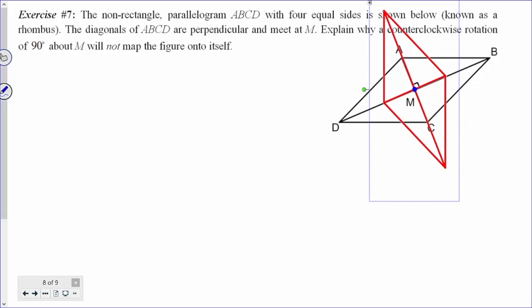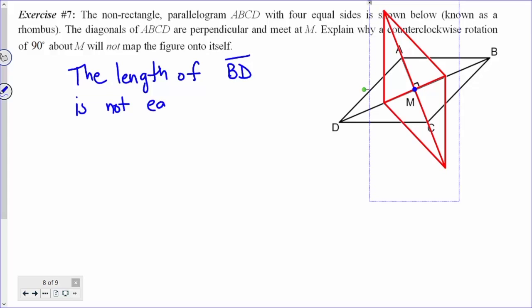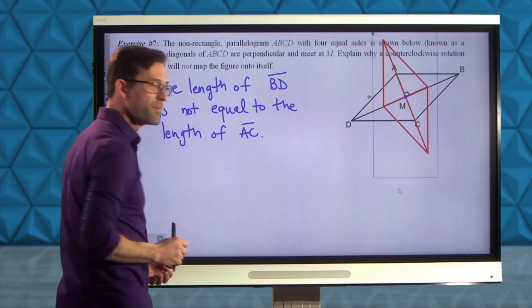It's because I would say it's because the length of diagonal BD, this diagonal, is not equal to the length of AC, right?